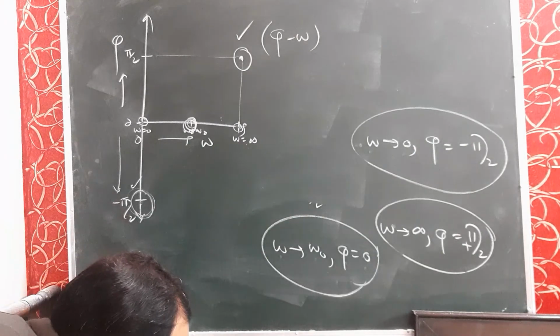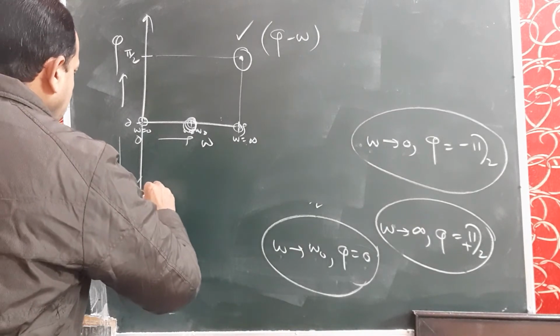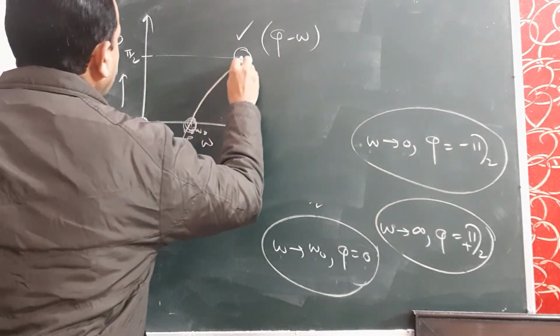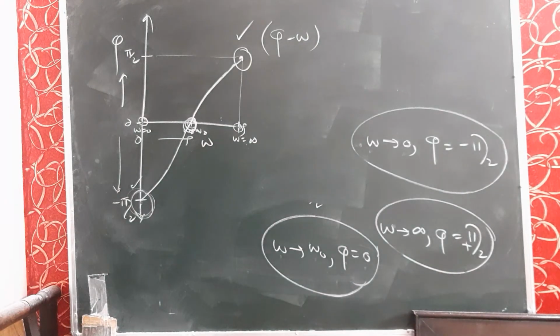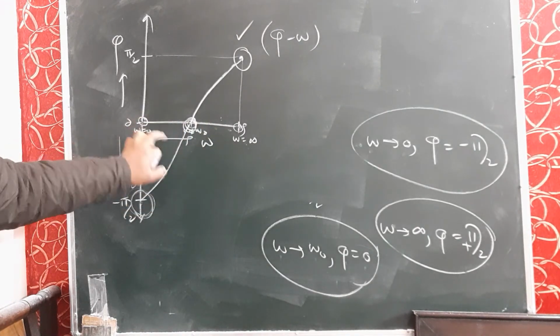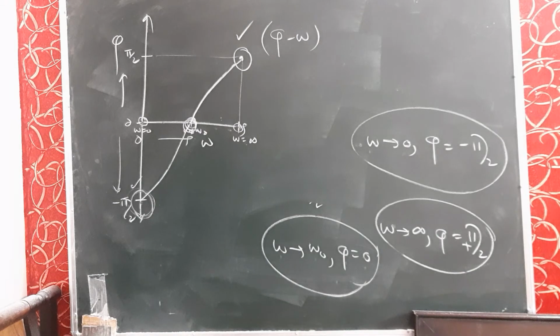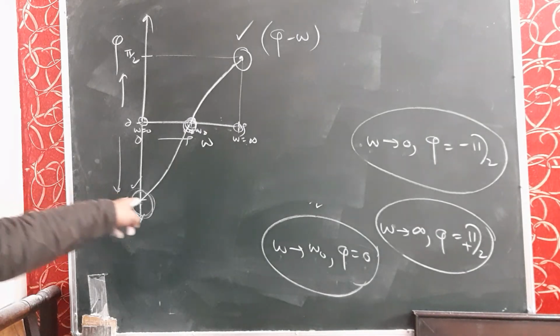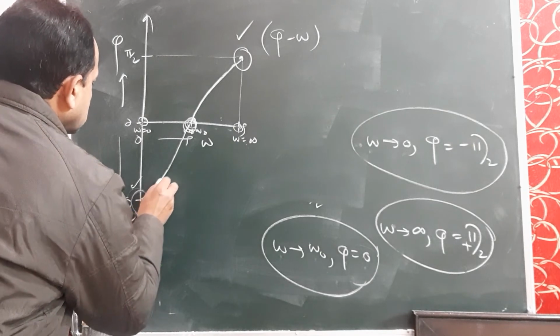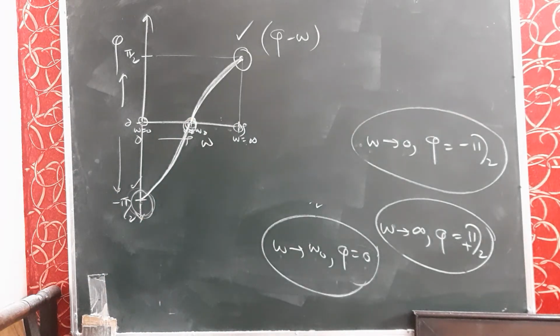When we join these points, it will not become a straight line; it is a curve. As I have already discussed, if we study the points between 0 and omega naught, or between omega naught and infinity, they are not lying in a straight line but on a curve, so it is curved in nature. The curvature is on the upper side and on the lower side. So this is the graph for the variation between phi and omega.